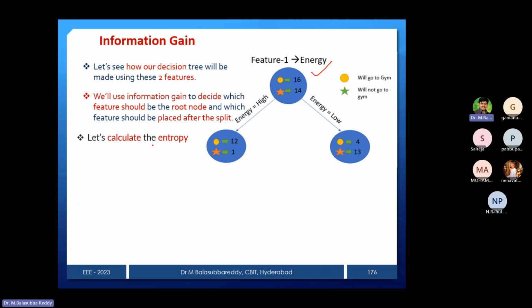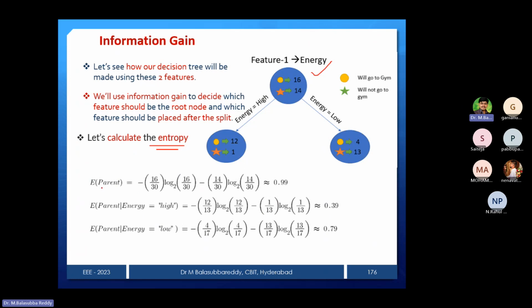Now from this, let's calculate the entropy. First we are calculating the entropy for the parent node, or the root node. Here, feature 1 I am calculating.